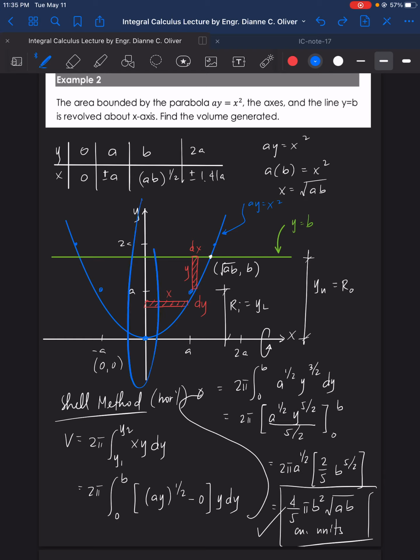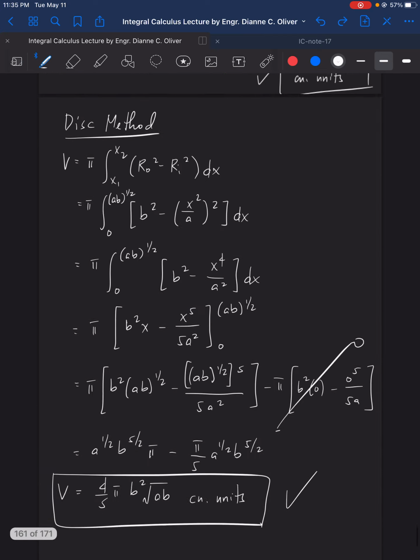So we are just concentrating on the first quadrant because we are including the y-axis as the boundary. Okay, forgot to clear that a while ago. So that's example number 2.